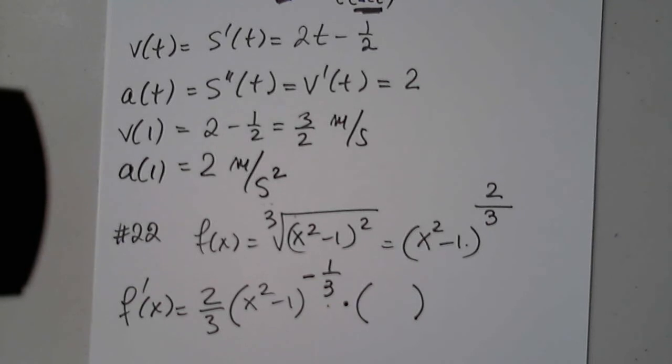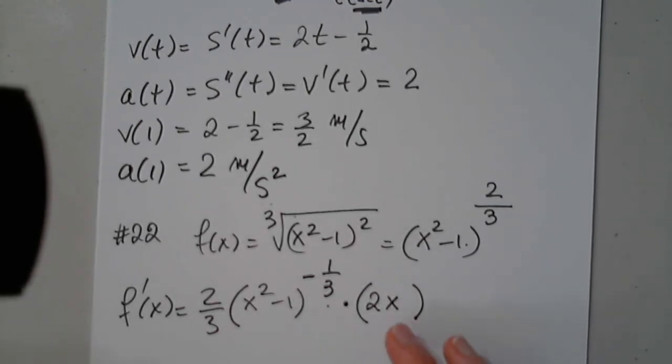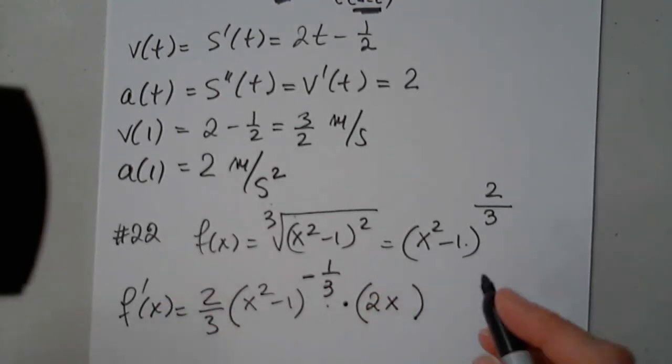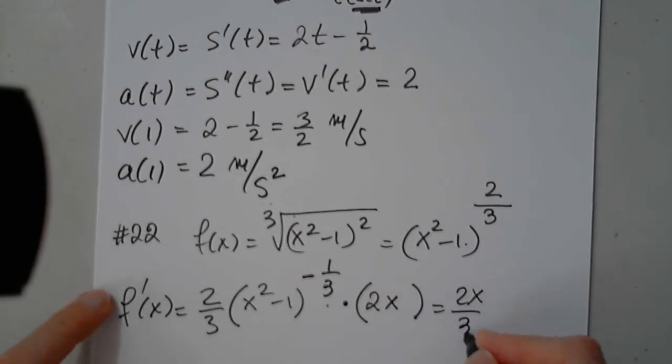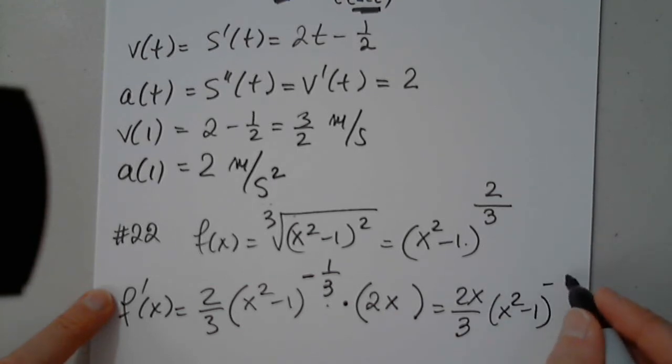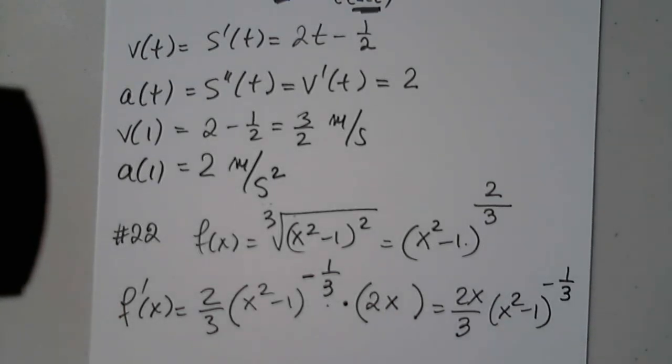Can anyone give us the inner function prime? 2x. Since it's just a product here, I will multiply these two and write 2x over 3. If you want to bring this down, you can, or you just keep it as is. It's fine for now.